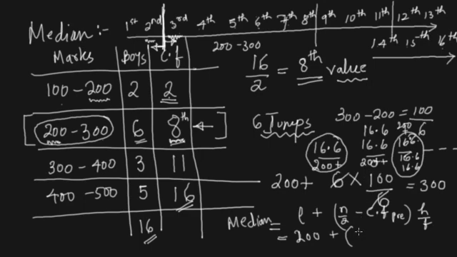So n by 2 happens to be 16 by 2, which is 8, minus the previous cumulative frequency, which happens to be 2. And you can clearly see that we mentioned here 6 into the height of the interval, which happens to be 100, and the frequency, how many girls exist in that group, is 6, and that's why we say 100 by 6. I hope you understood how to remember this formula and what is the logic behind this formula, rather than getting crazy in order to remember this formula.